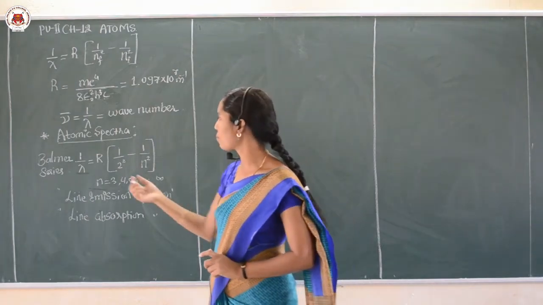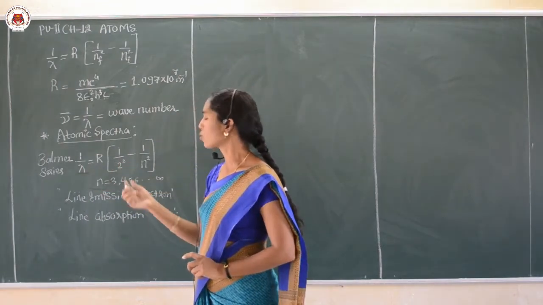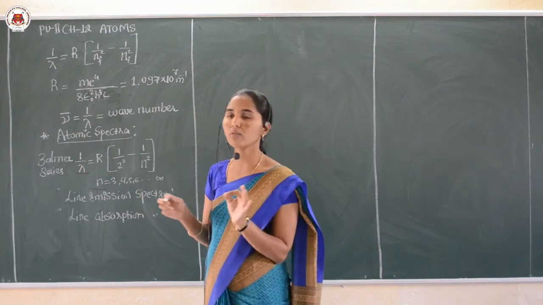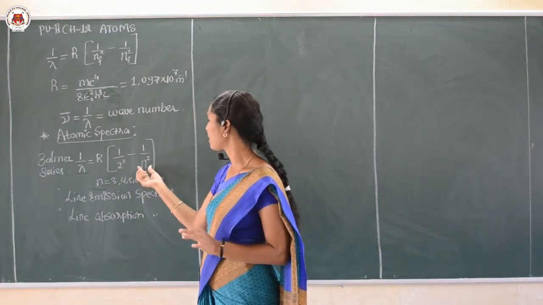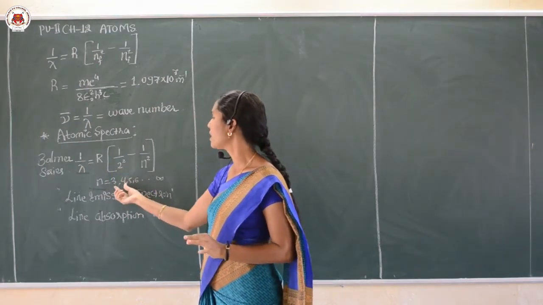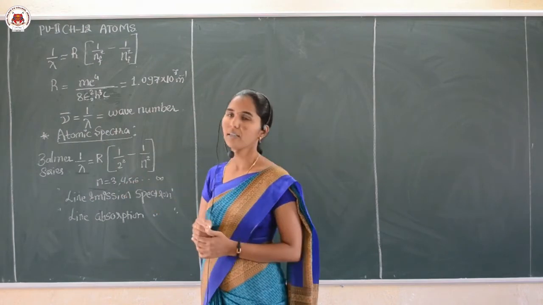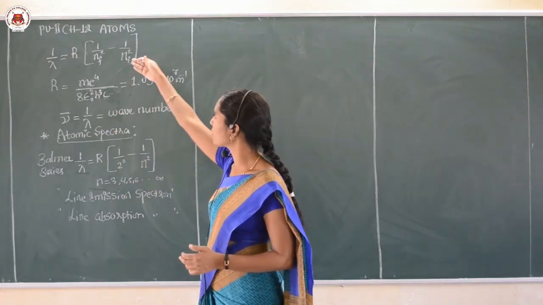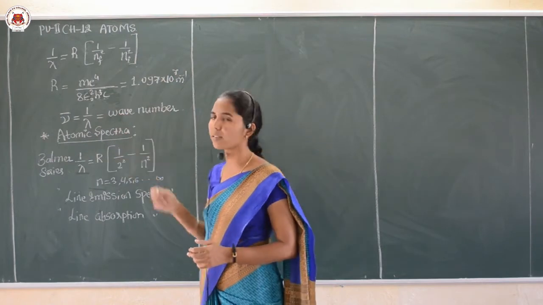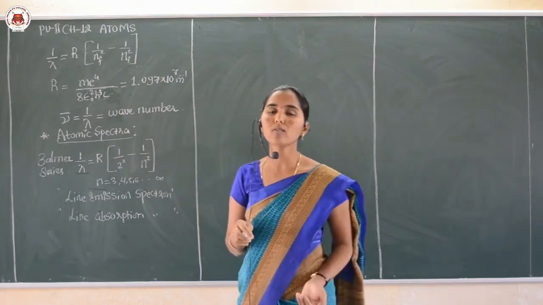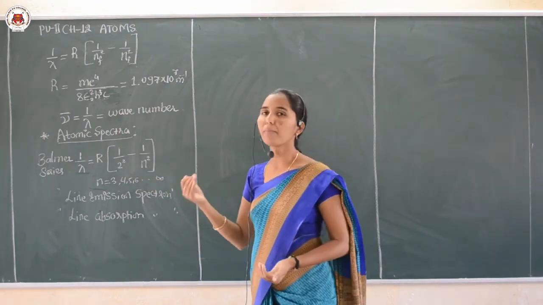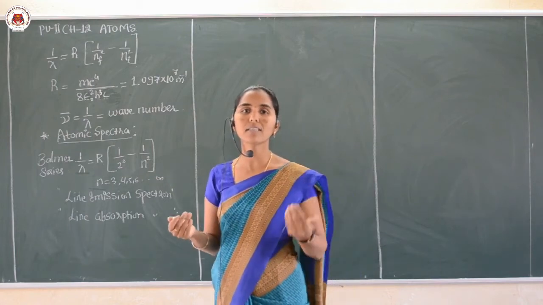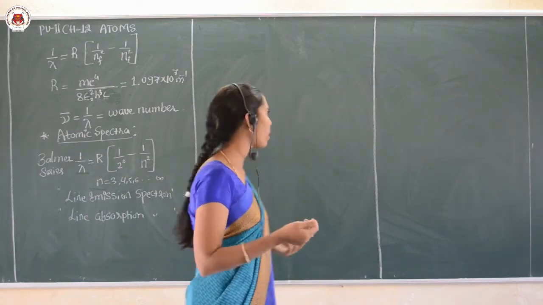And in the case of the Balmer series, which will be the lower orbit? The second orbit, and n here we can substitute as 3, 4, 5 like that. And if you apply this on the above expression, along with the Balmer series, other series are also there. So what are those series?